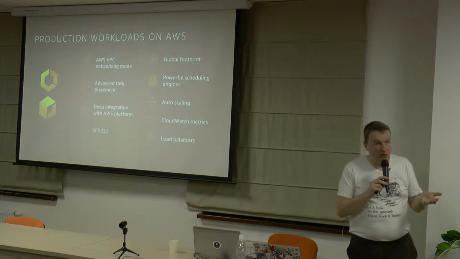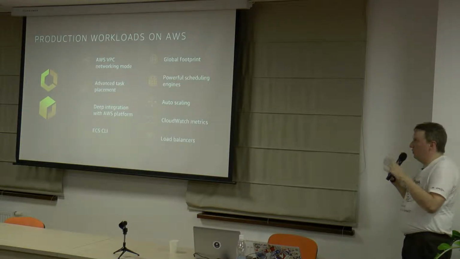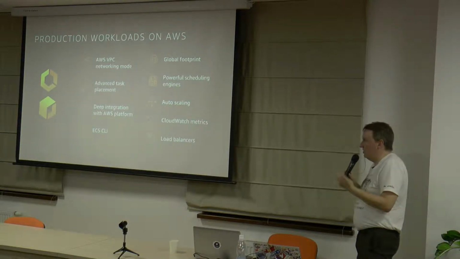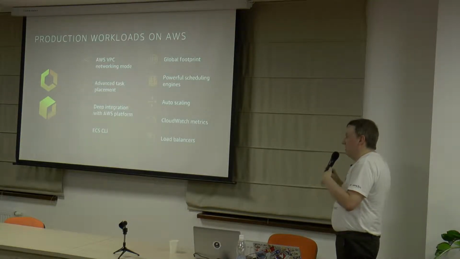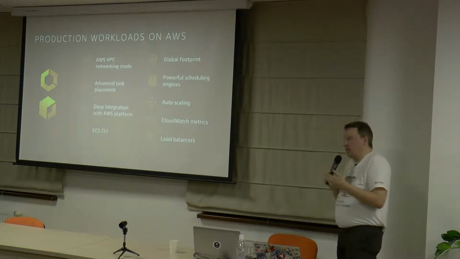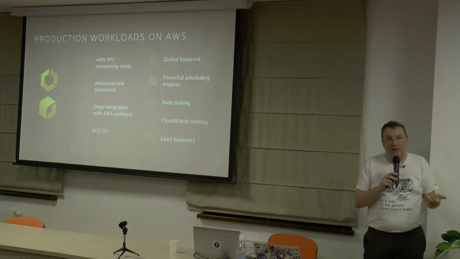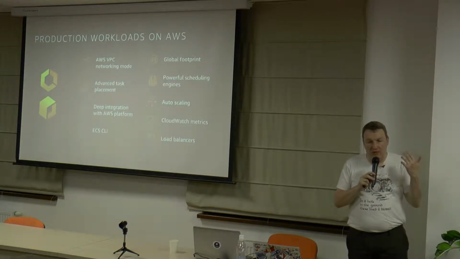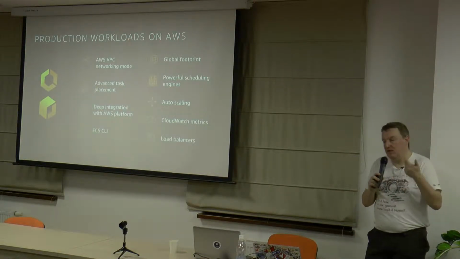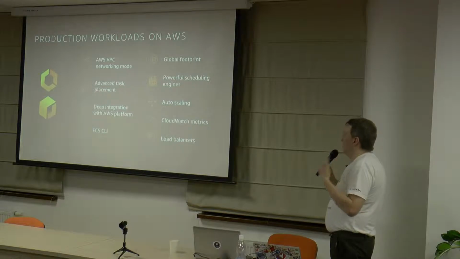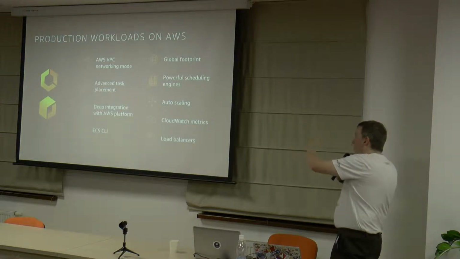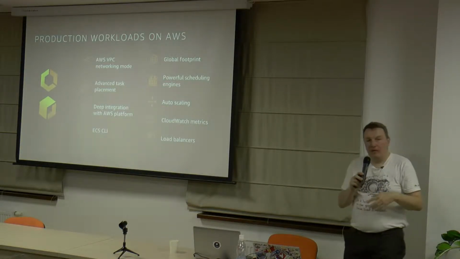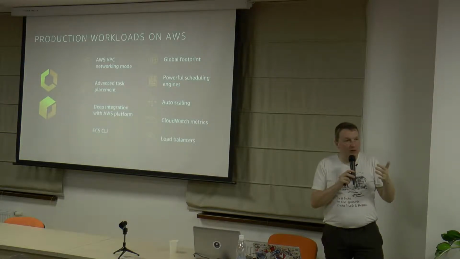ECS simply lets you create Docker clusters on AWS. It's based on EC2, okay? So you create Docker clusters from EC2 instances, and as it's based on EC2, it will feel very familiar. If you know about EC2, VPC, load balancing, security groups, auto-scaling, CloudWatch, all that stuff, ECS will use that as well.